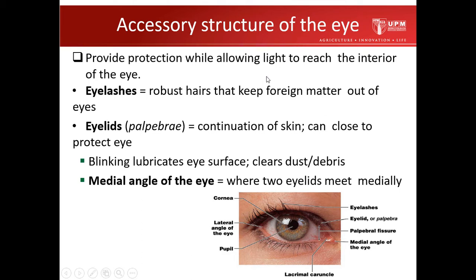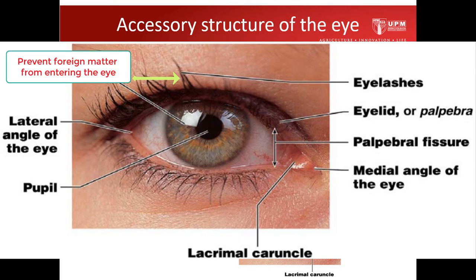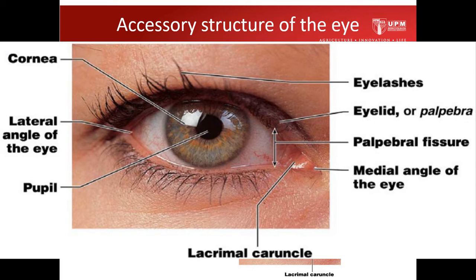Okay, so the accessory structures of the eye include the eyelid, the eyelash, the superficial epithelium of the eye, and also the structures associated with the production, secretion, and removal of tears. The eyelash is a robust hair that helps to prevent foreign matter from reaching the surface of the eye.